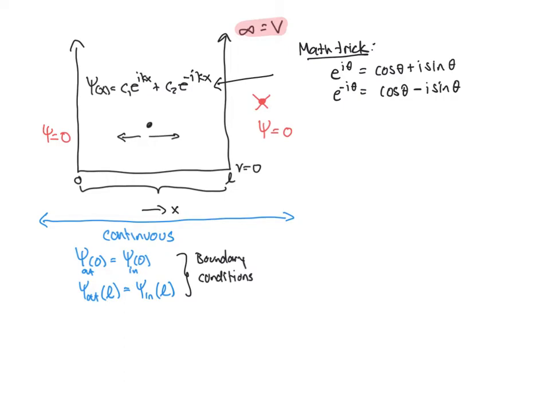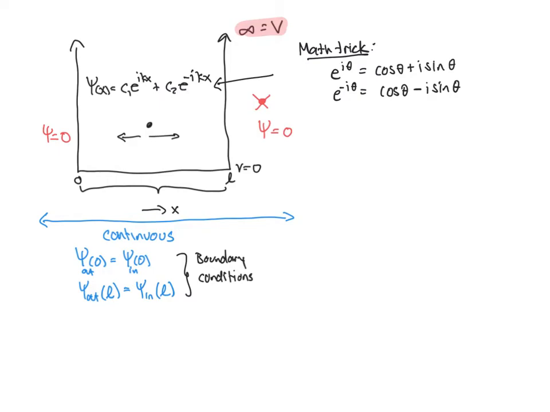We're going to use these relationships to go back and forth from imaginary exponentials to sines and cosines. It's a little bit easier to think about what a sine and a cosine looks like than it is to think about what an imaginary exponential looks like.